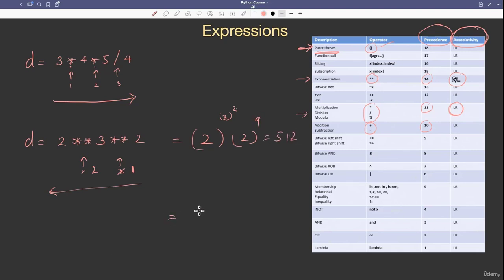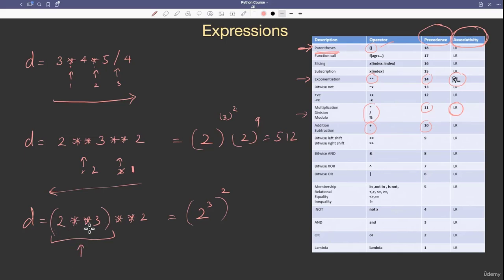Suppose you want it like this: 2 power 3, whole to the power of 2. Then you have to change the precedence, that is 2 power 3 should be in brackets, then power 2. So which one is executed first? First this one, because this is enclosed inside parentheses, so this has higher precedence and will execute first.